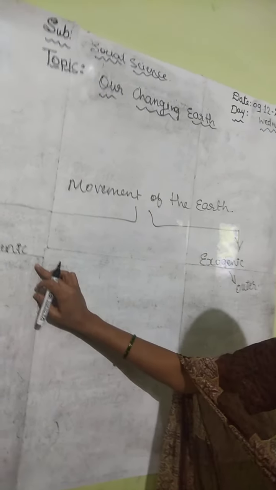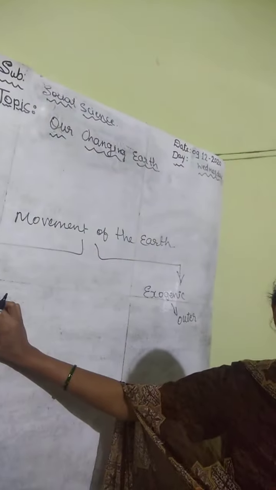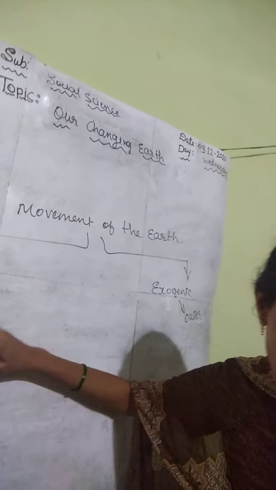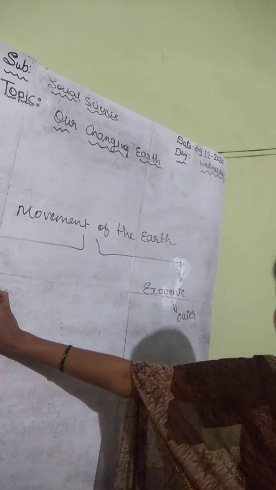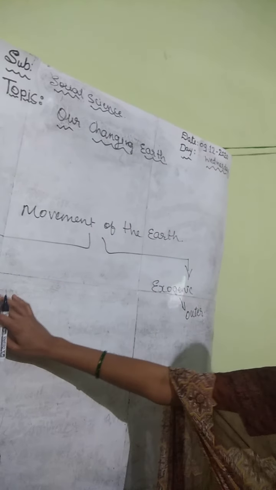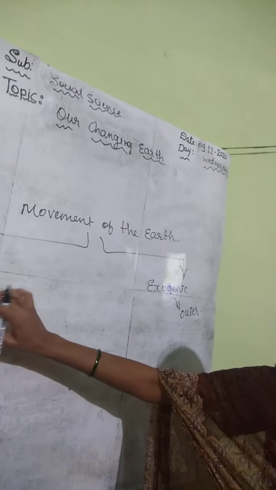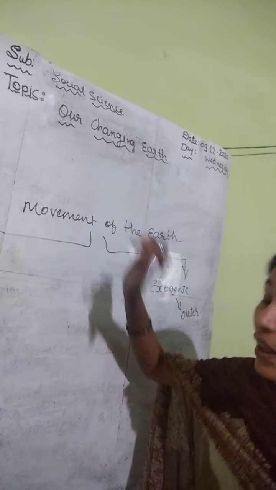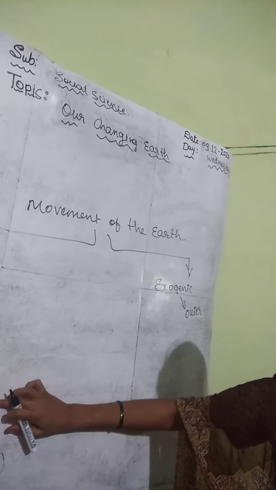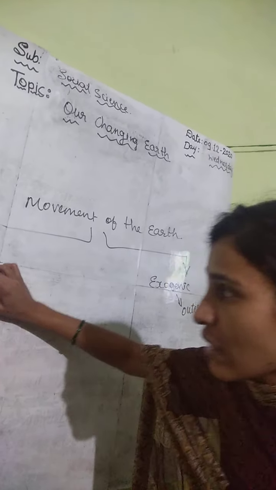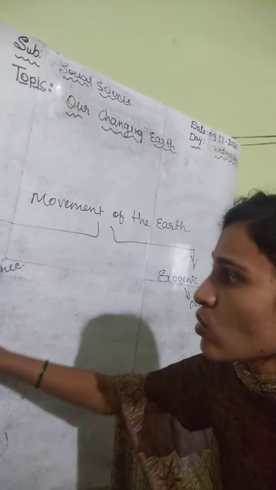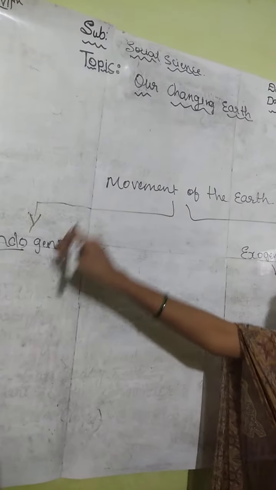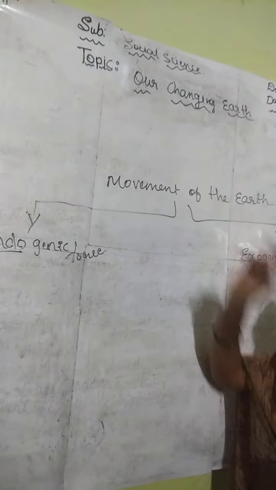Endogenic means the forces which act in the interior of the earth. Do you understand? I think you have understood, students. The forces which act in the interior of the earth are called the endogenic forces.